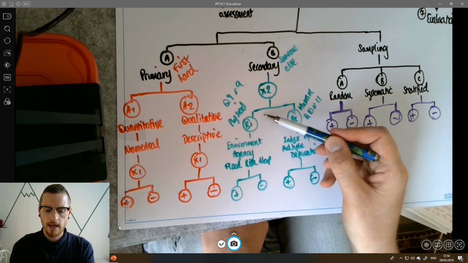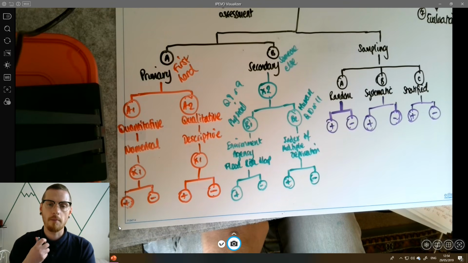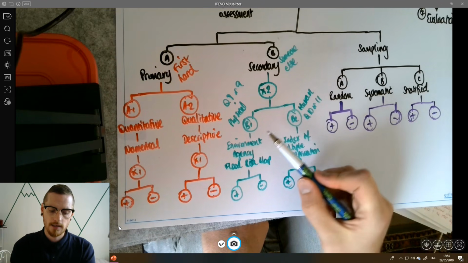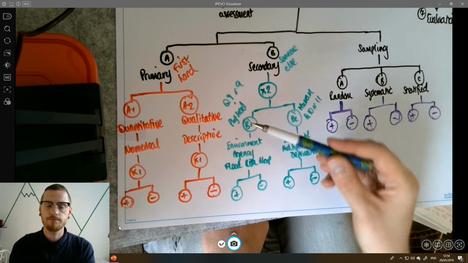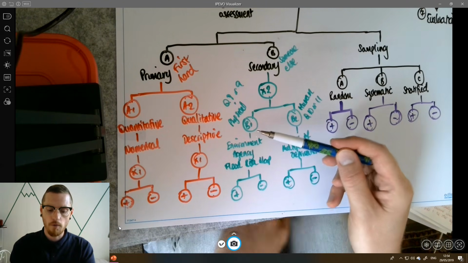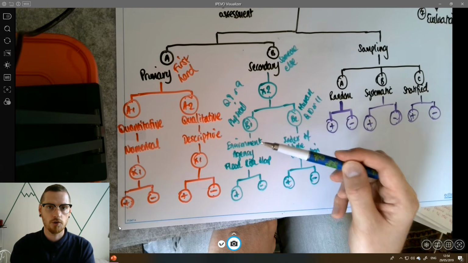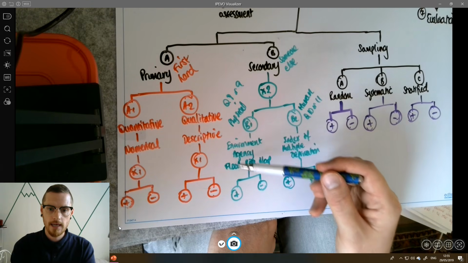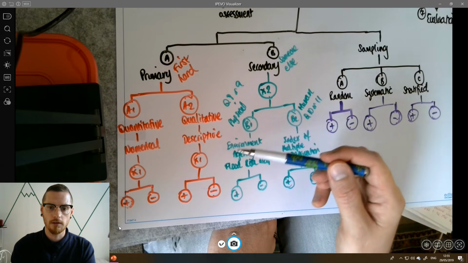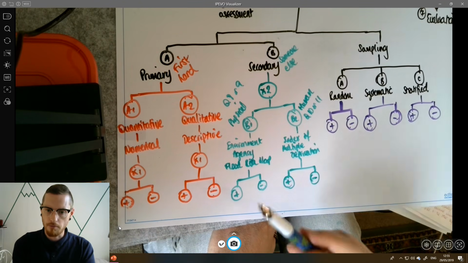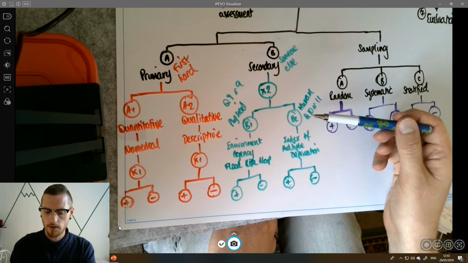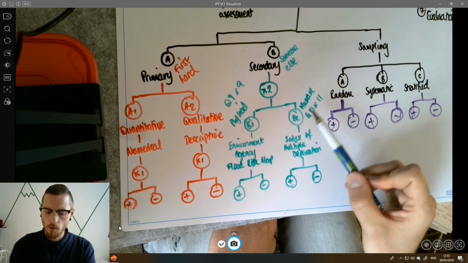So that there is one piece of secondary. So for my geographers, we also looked at the National Trust blog. So here, you definitely need to know the environmental agency flood risk map and the positives and negatives of it. And remember, we also did the National Trust blog.